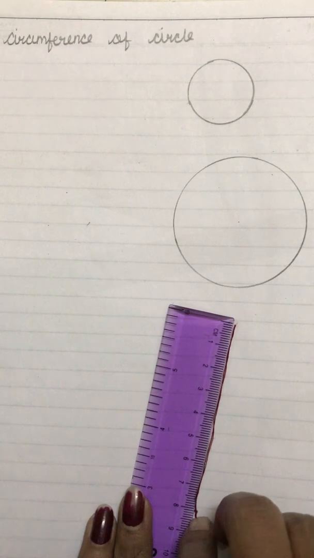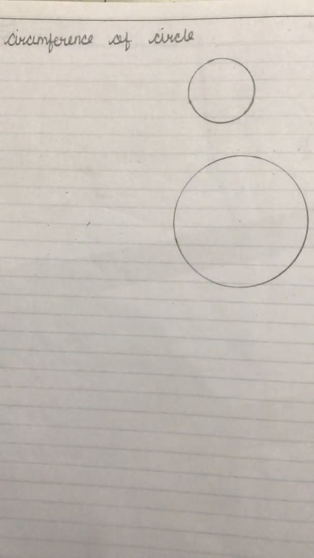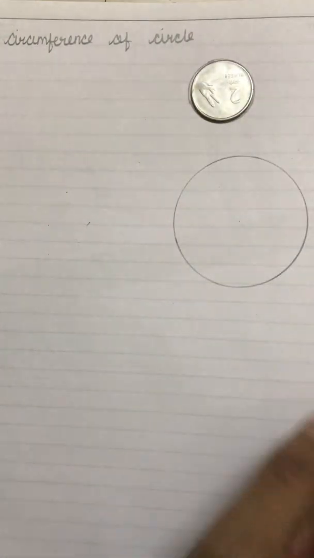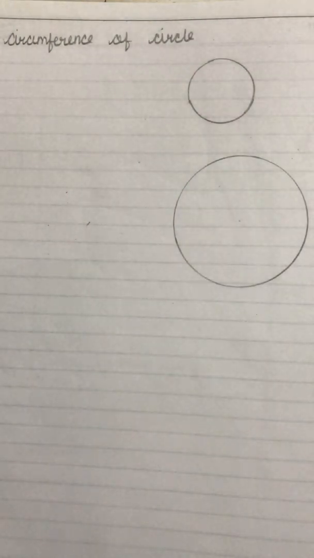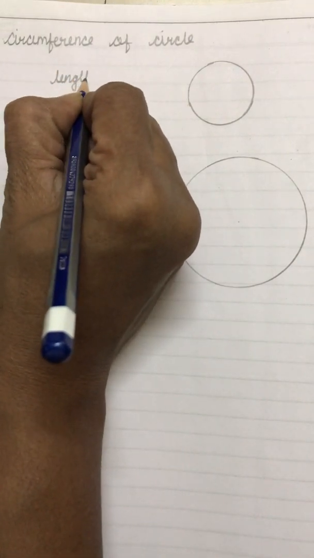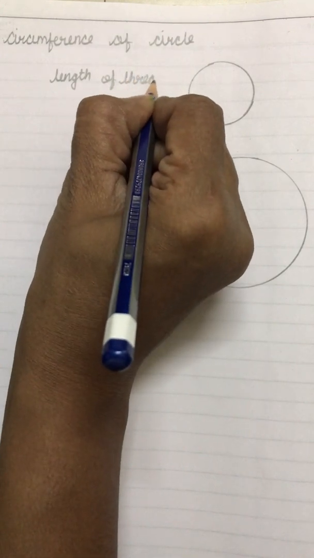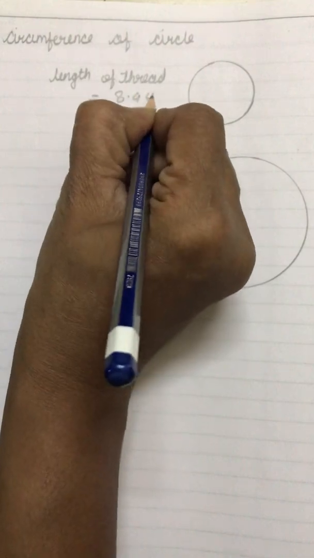So this is the circle made up of the boundary of the coin. We have got the perimeter, or we can say the length of the thread, is equal to 8.4 centimeters.